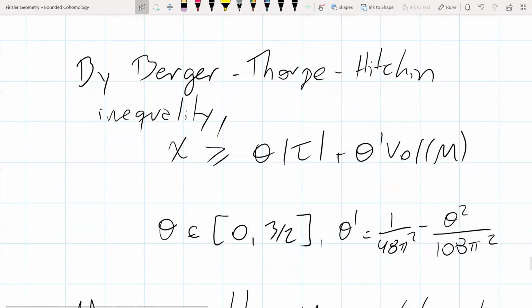I think it's basically a type of interpolation, because it doesn't appear here, but when you're integrating the forms, the volume of your manifold appears.